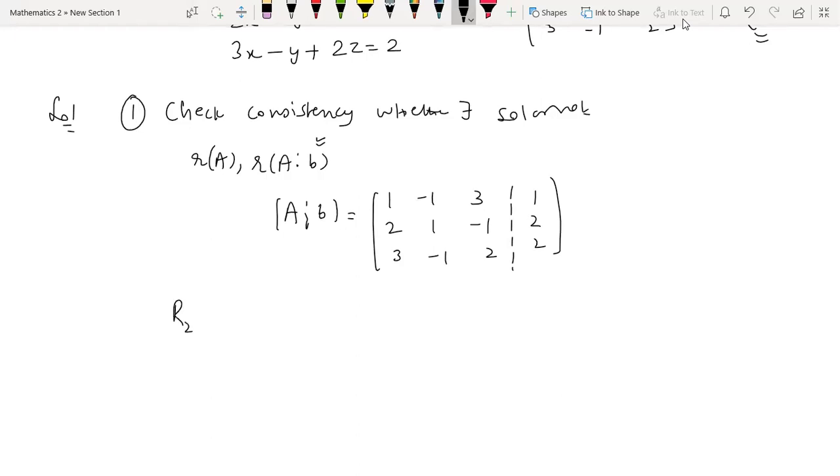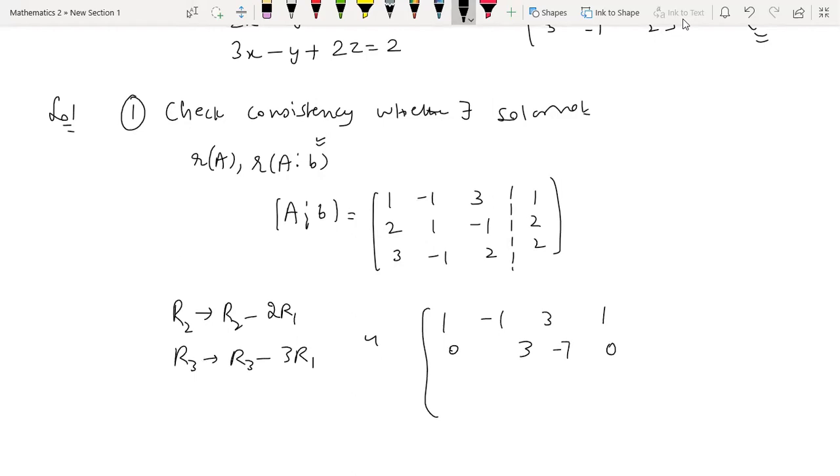So again, very quickly. R2 changes to R2 minus 2R1. R3 changes to R3 minus 3R1. So this will give you 1, minus 1, 3, 1, and 0, 3, minus 7, 0, 0, 2, minus 7, minus 1.